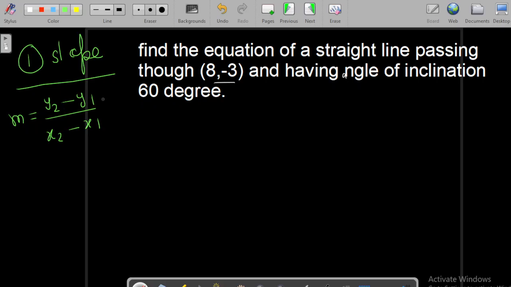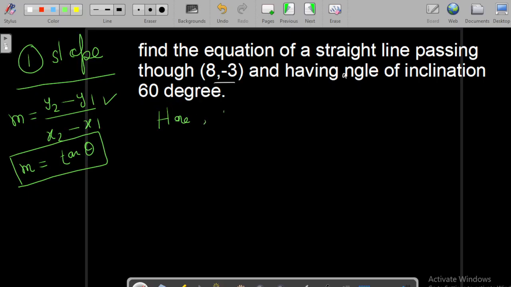We already used this formula in the previous sum, but we can find the slope from another formula, that is m equals tan theta, where theta is the angle of inclination. Here we are using that theta.